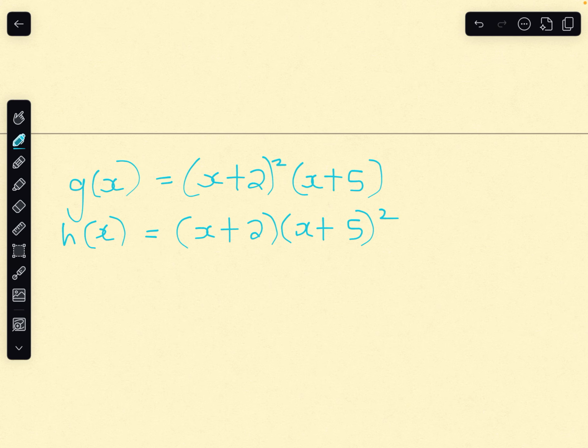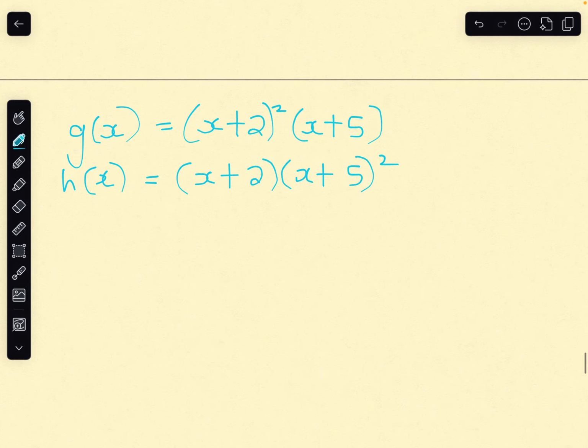What I'm interested in is how different these curves look. So let's start with g of x. Both of these are cubic functions that look like this because the x cubed term will have a positive coefficient.